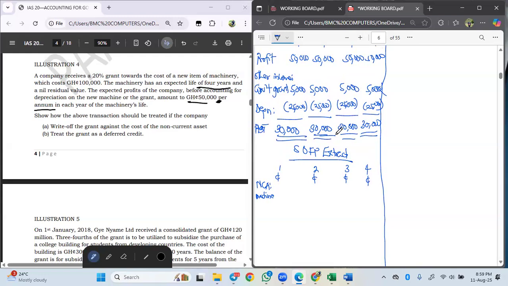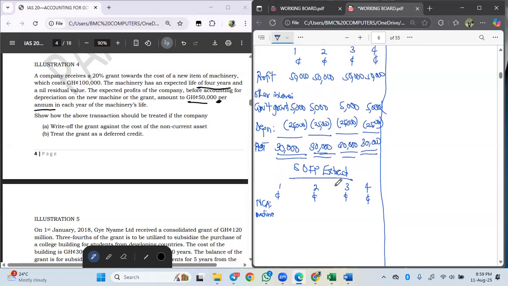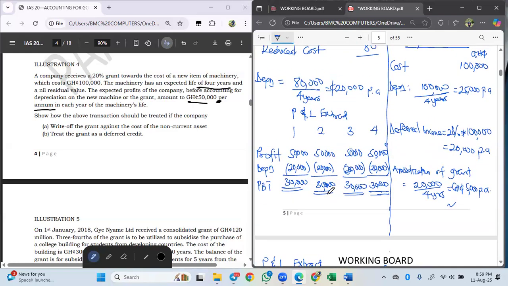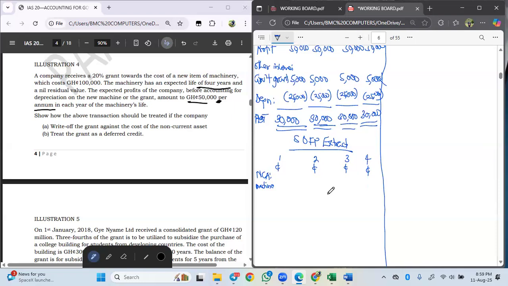It should be carried at 100 minus 25, so 75,000 here.